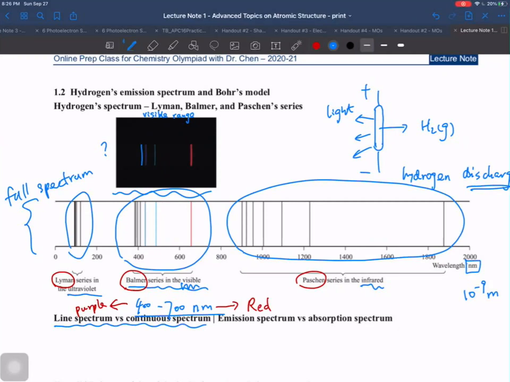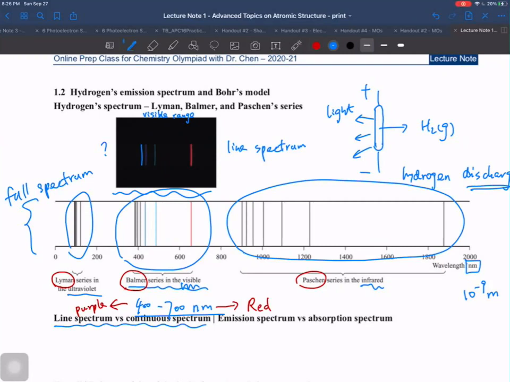Yeah, it's very obvious, right? So how does a continuous spectrum look? It's just the white light. If you use a prism to separate the white light, the sunlight, you will see the rainbow, right? From red to purple: red, orange, yellow, green, what's next? Blue and purple, right? That is the continuous spectrum.